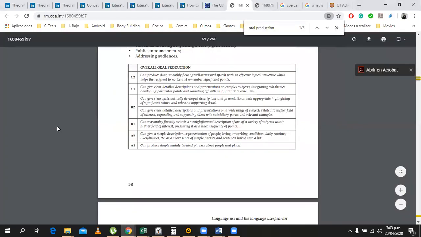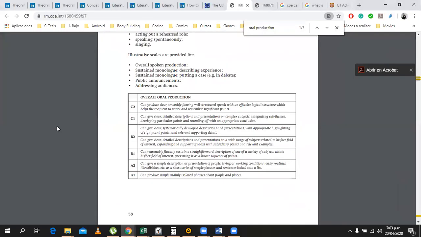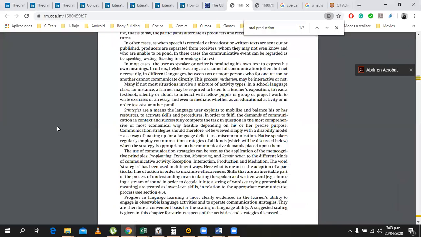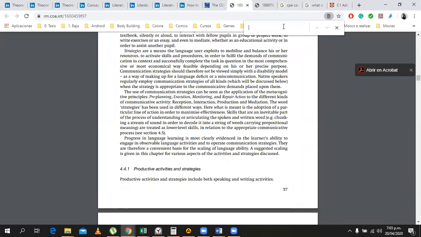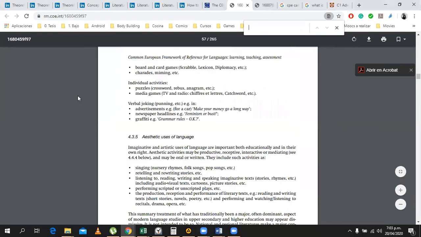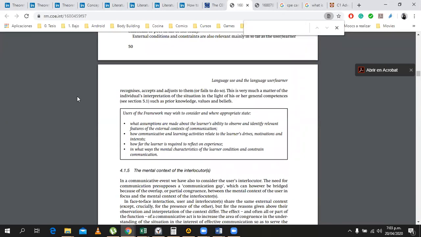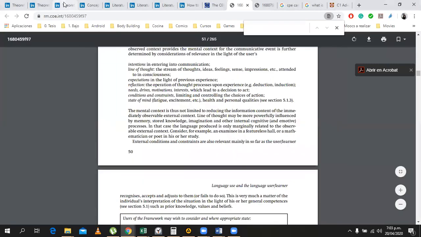This one right here. Okay. Now in this part, I don't know why, but I can't find the index. Well, anyway, so that's the idea.